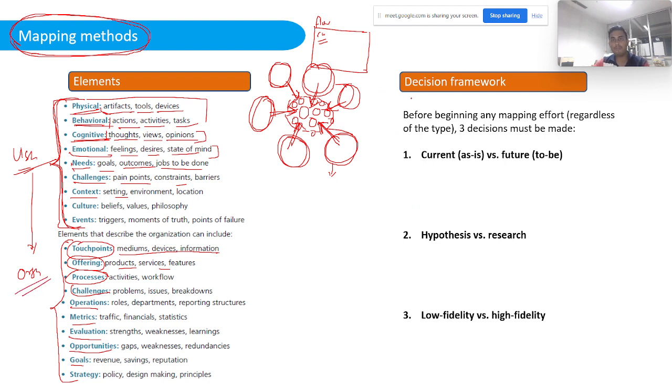But before we go ahead with mapping techniques, we need to make specific decisions on how we do this sort of mapping. So there are three important decisions that we need to make before going ahead with the mapping process. The first thing is whether we are looking for current or future information.